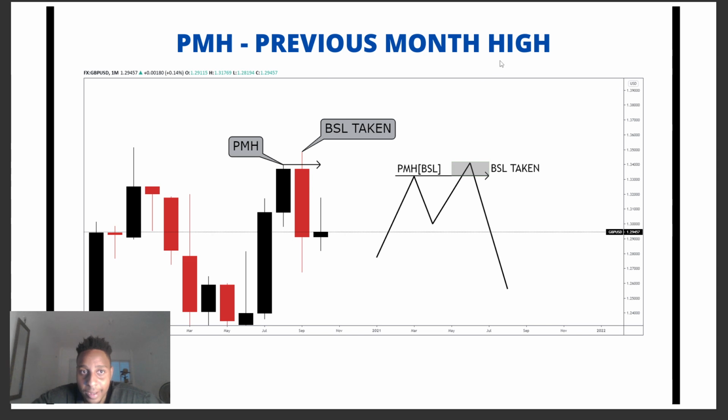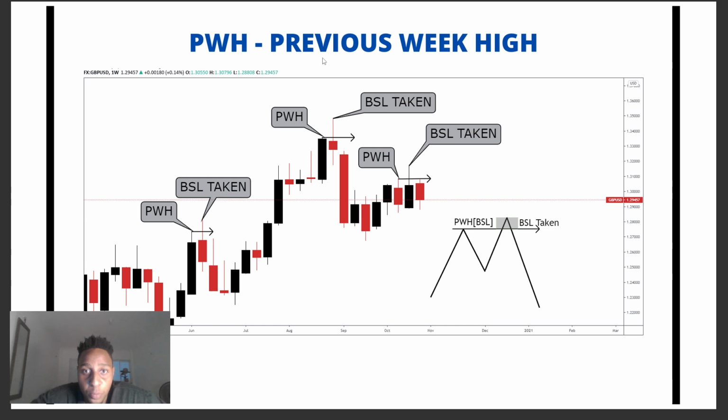This is PMH, previous month high liquidity. Previous week high liquidity: first of all, previous week high buy side liquidity got taken and then price melted down. In this case here as well, buy side liquidity got taken.